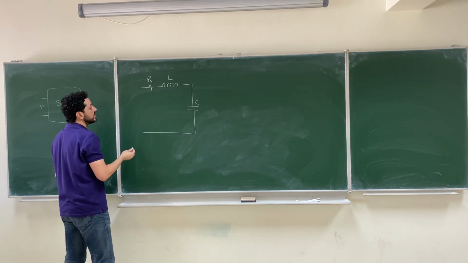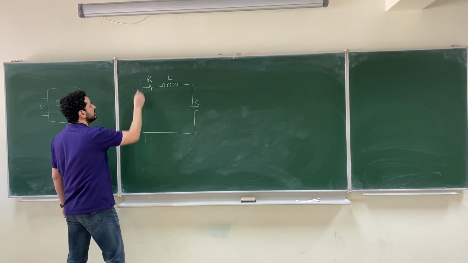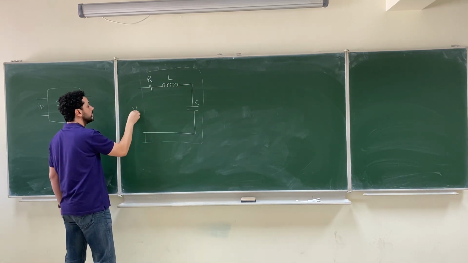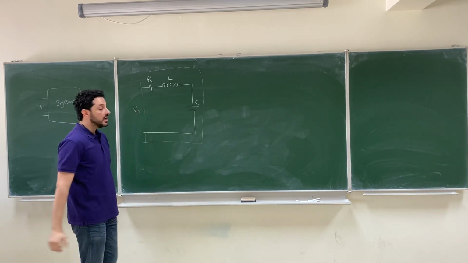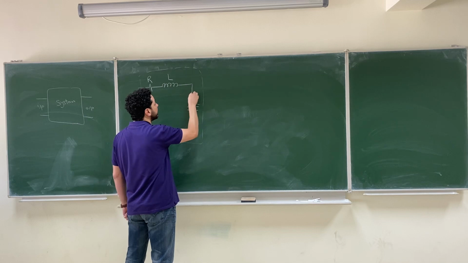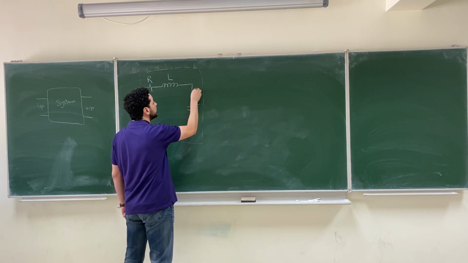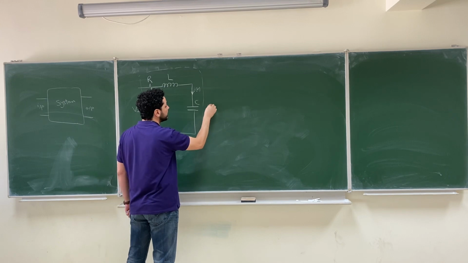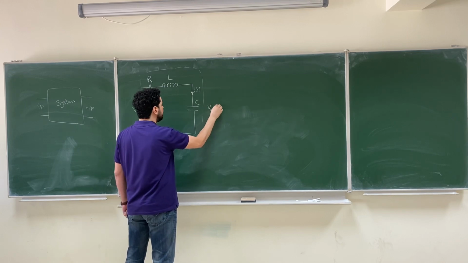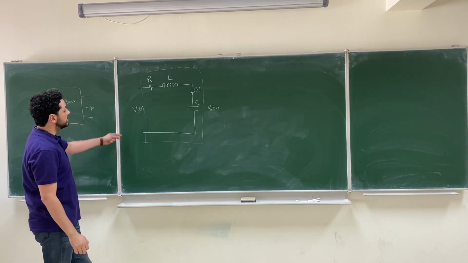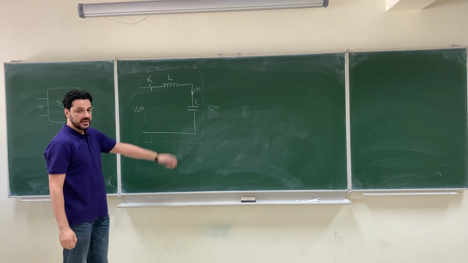You can consider that the input to this system is the input voltage, and the output can be either the current, or the voltage across the capacitor, let's say. So this is a very simple system with an input and an output.